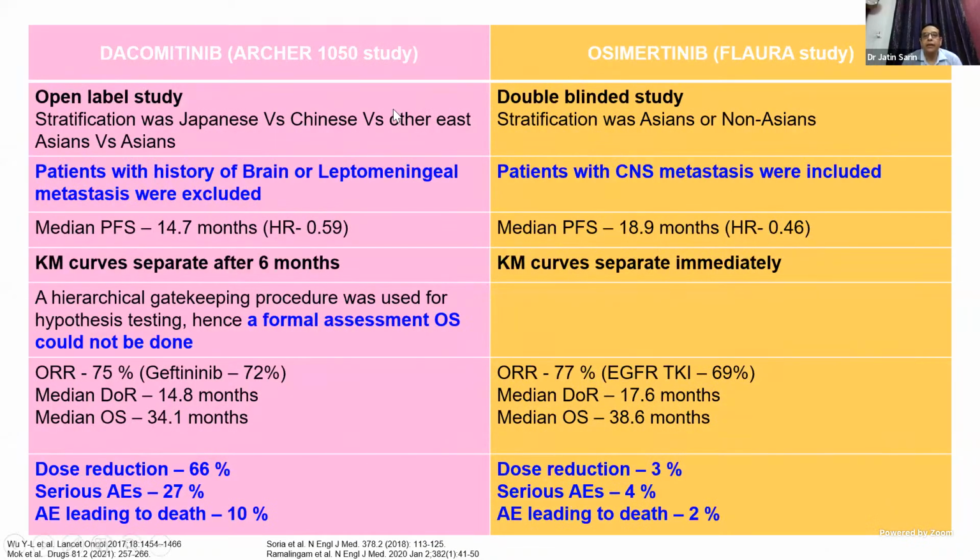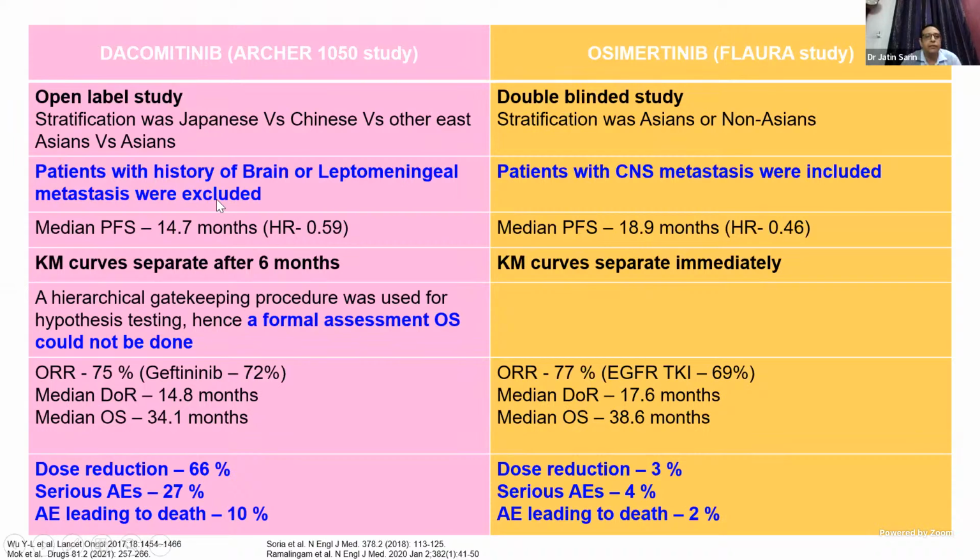So let's compare it with the closest competitor TKI, that is dacomitinib, and this was the trial which we call the ARCHER trial. The difference was that it was an open label study, while FLAURA was a double blind study, and patients with a history of brain or leptomeningeal metastasis were excluded, while in the osimertinib trial, patients with CNS metastasis, which are actually very common in EGFR mutated patients, were included.